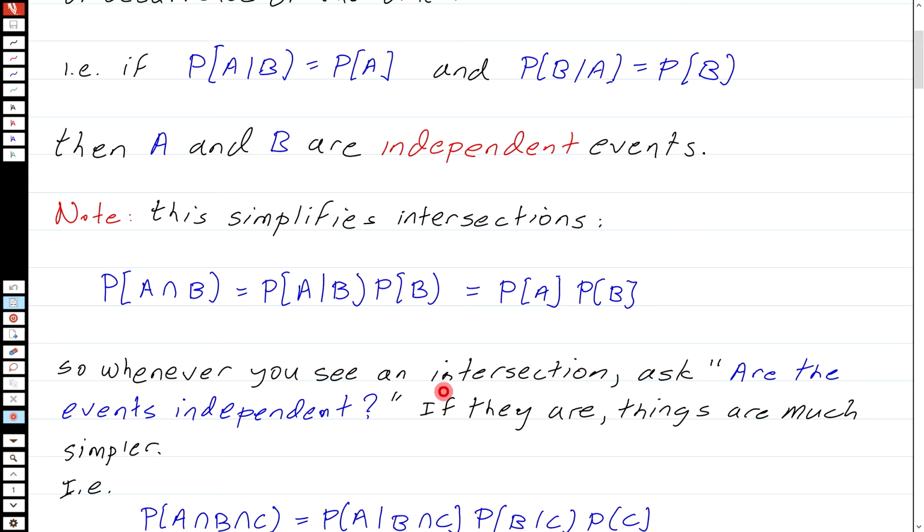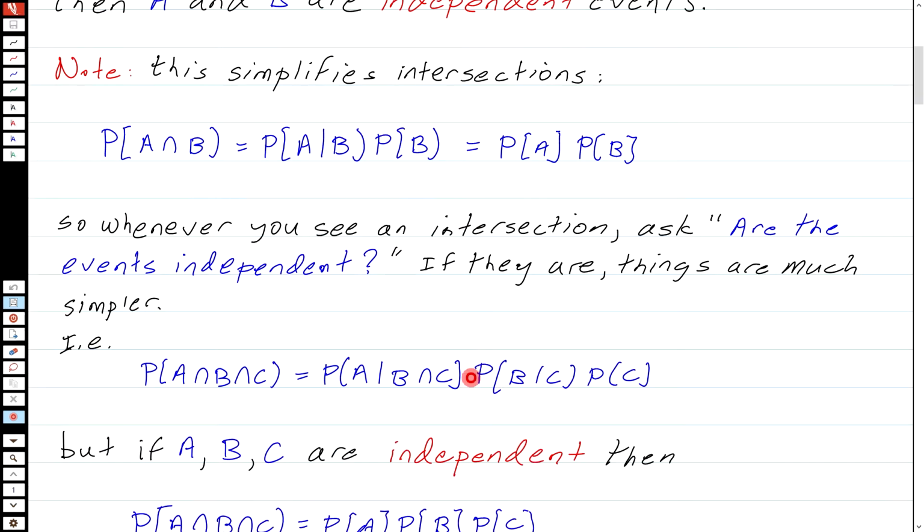I just multiply probabilities. For example, the probability of A intersection B intersection C would normally be written as the probability of A given B and C, times the probability of B and C. And the probability of B and C is the probability of B given C times the probability of C. So the probability of the intersection of three things turns into the product of three things, one multiplication for each intersection.